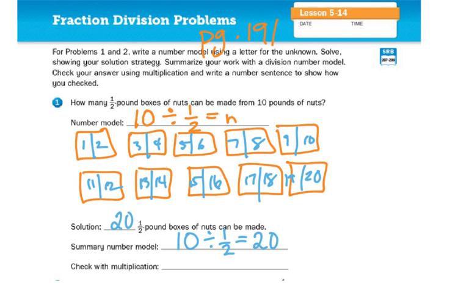Now I'm going to check. I'm going to work in reverse, and I'm going to start with 20. And since I'm working reverse, instead of dividing by half, I'm going to multiply by 1/2. 20 times 1/2, or half of 20, is 10, which is what we started with.